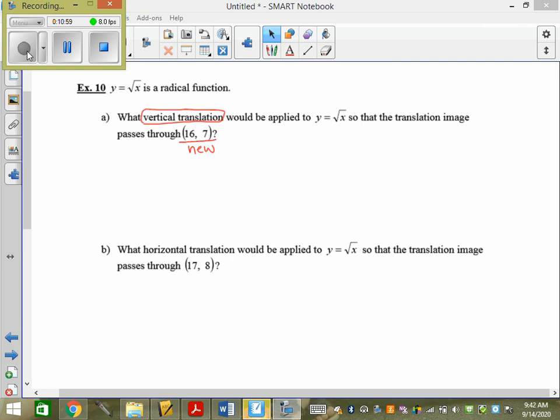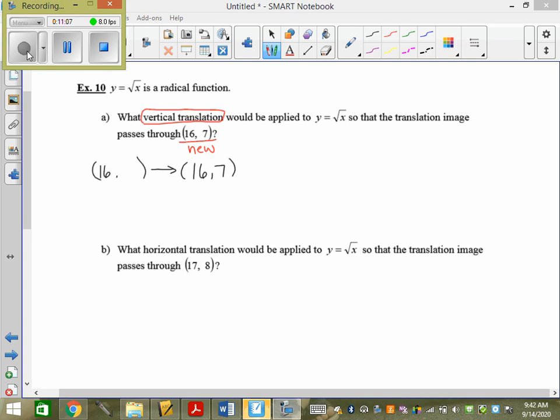So that means on our new point 16, 7, our original was 16 something, wasn't it? Because if all we had is a vertical translation, our x's didn't change. And we were taught in grade 10, we're going back to grade 10 again. We always venture back to grade 10. It's a great place to be.